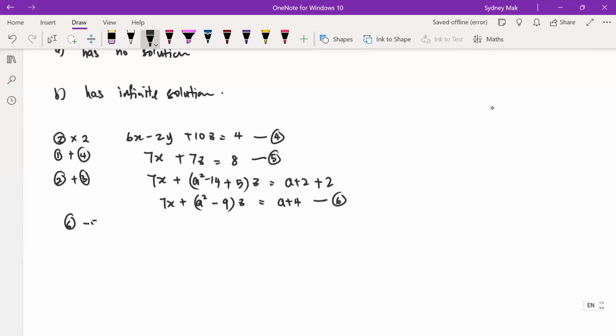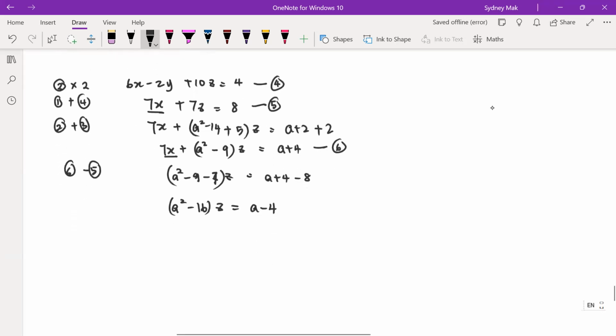So equation 6 minus equation 5: 7x minus 7x, no more. And then a squared minus 9 minus 7, that is for z, is equivalent to a plus 4 minus 8. So we have a squared minus 16 of z equals a minus 4.